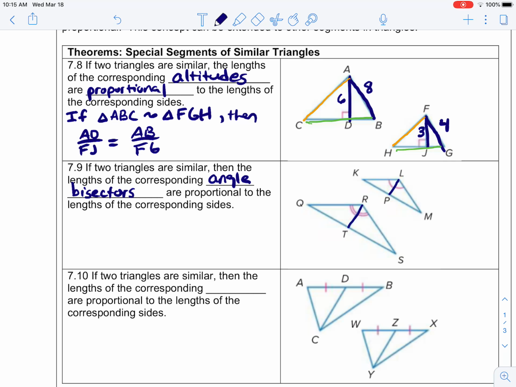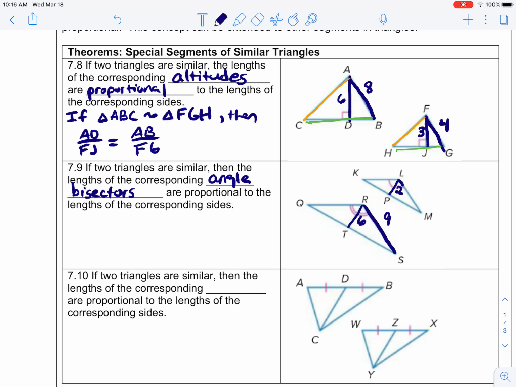So I'm not going to write the whole if-then statement again, but I am going to put some numbers on here just to clarify. Let's say 6/2 this time. So 6/2 is a 3-to-1 ratio. And so therefore that same ratio would apply here.